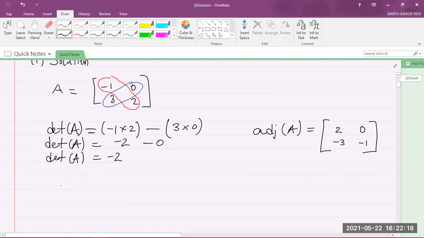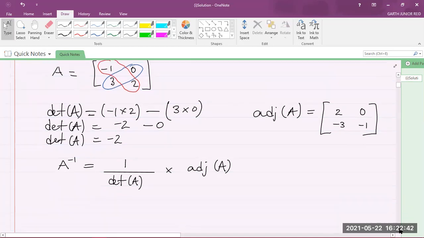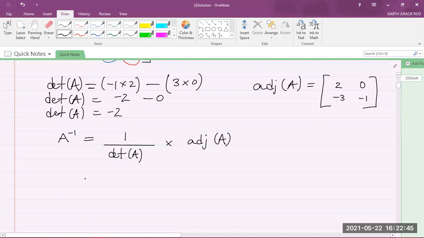Now the formula for finding the inverse is going to be what? Hopefully you remember, it is 1 over the determinant of the matrix, multiplied by the adjoint of the matrix. So that is the formula that we'll be using here. So the inverse of A is 1 divided by a negative 2.